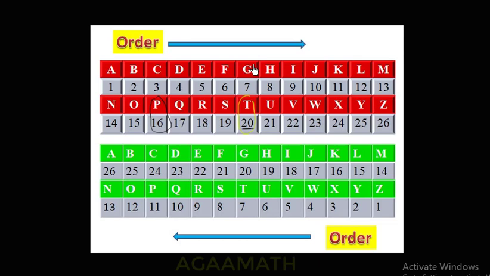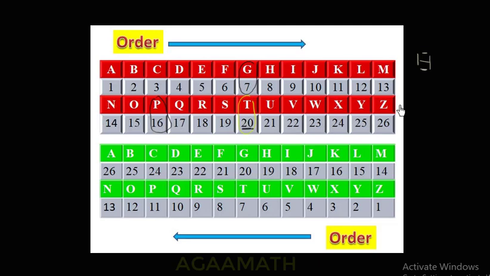Then G7. In H itself, if you observe, we can see 8, so H is 8. M means middlemost, that is 13.